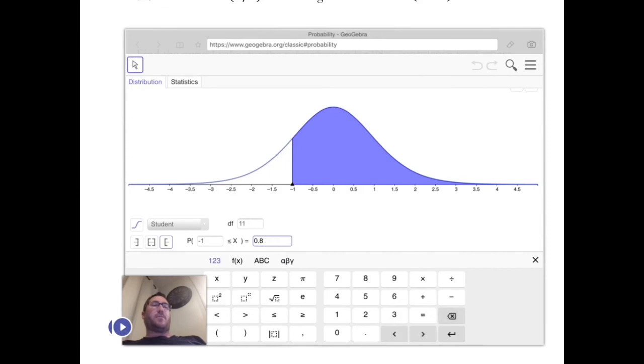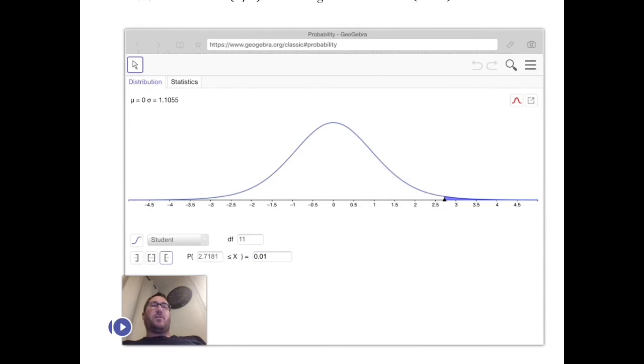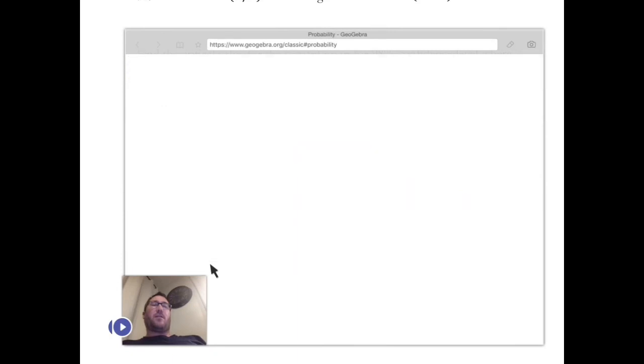Again, that was the 98%, the complement of that, which is 2%, divided by 2. Automatically, you can see here that it changes that number to 2.7181. So we'll end up using that whole number in our calculation.